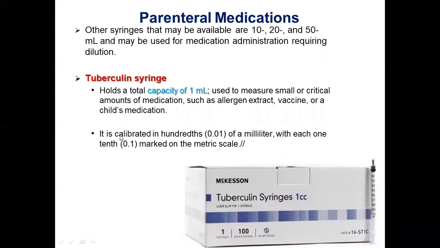It is calibrated in 100ths of a milliliter with each 1/10 mark in the metric scale. So what we need to know from here for the NCLEX board: the tuberculin syringe should be 1 cc. Capacity should be 1 ml. That's it.